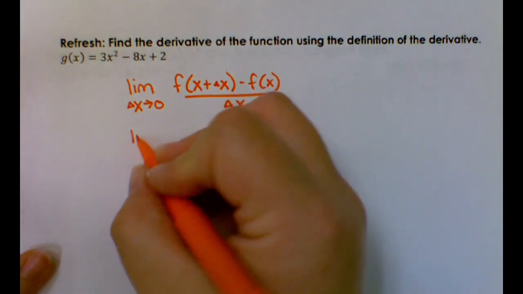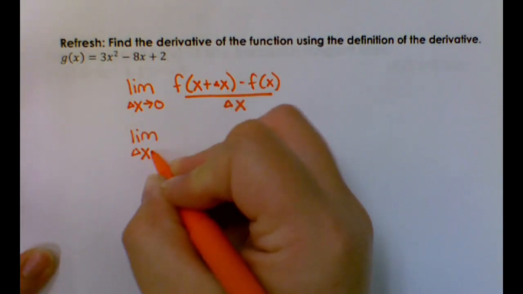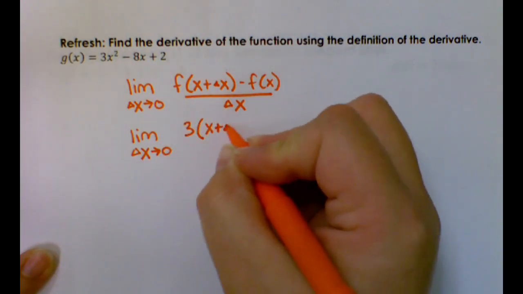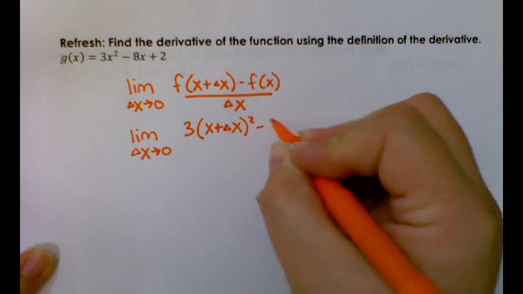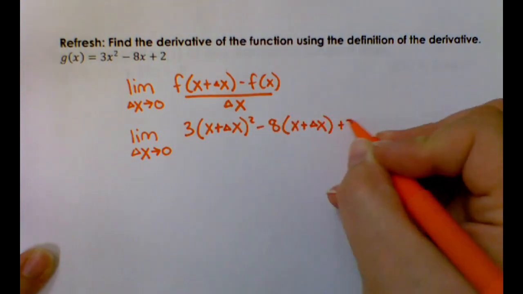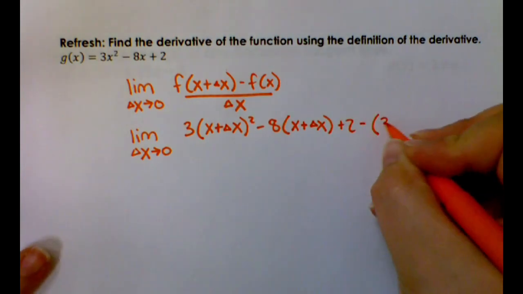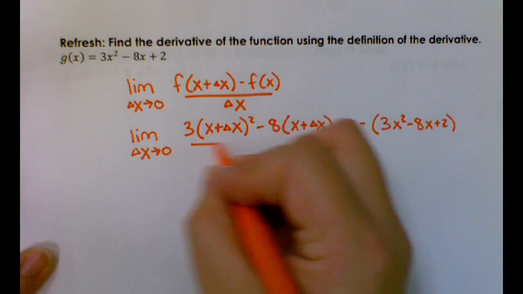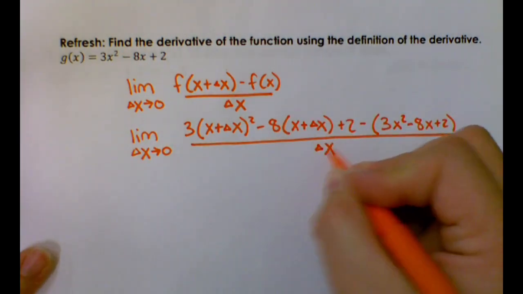So we plug this in. The limit as delta x approaches 0 of 3 times (x plus delta x) squared minus 8 times (x plus delta x) plus 2 minus (3x squared minus 8x plus 2) all over delta x.